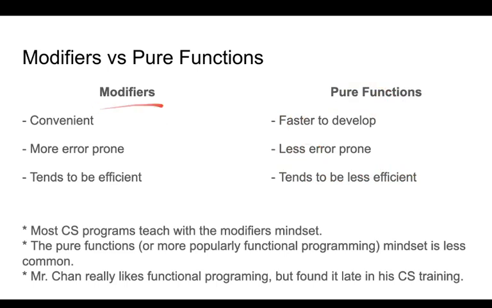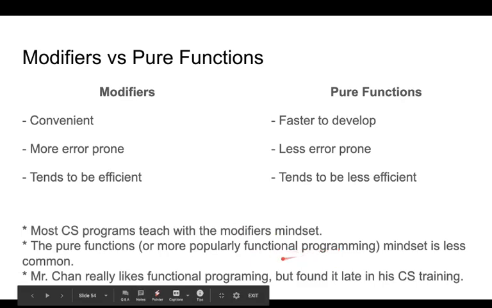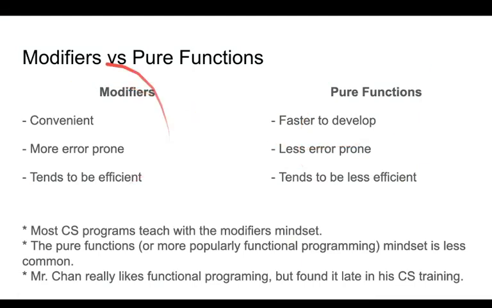And most computer science programs teach it in this way. They use modifiers. Pure functions, or more popularly functional programming, is less common. And this is something I found later in my CS training, but functional programming is really fun, and I wish I got to spend more time here in this camp versus mostly here.